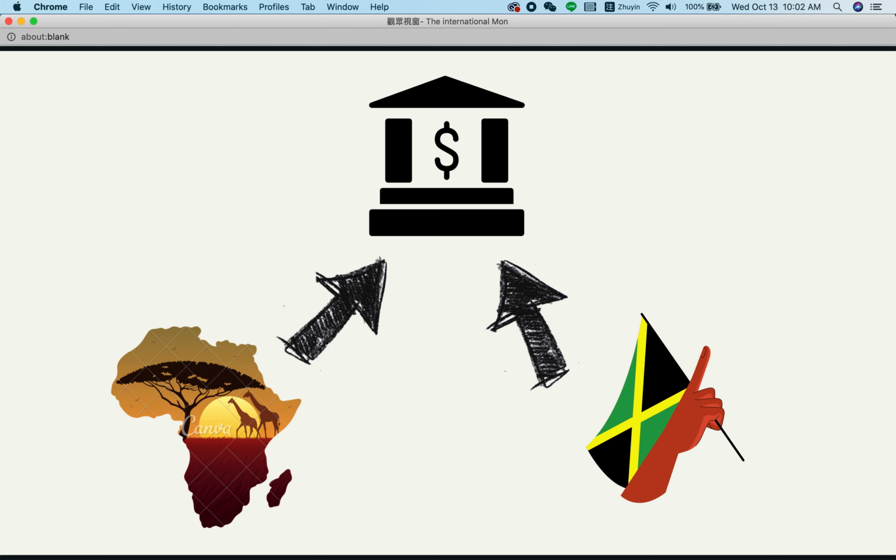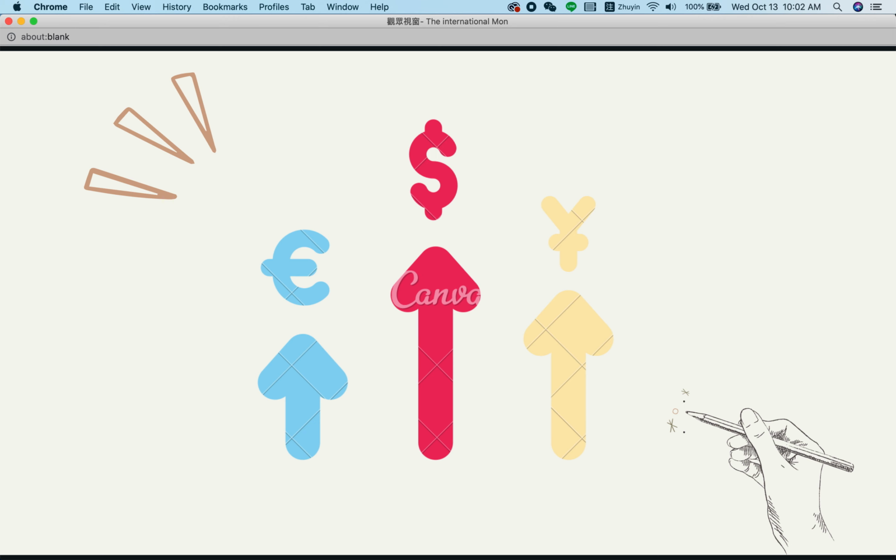Under the pegged exchange rate regimes, countries will peg the value of their currencies to that of the major currencies, so that pegged exchange rates are popular among many of the world's smaller nations as with the floating exchange rate regimes.